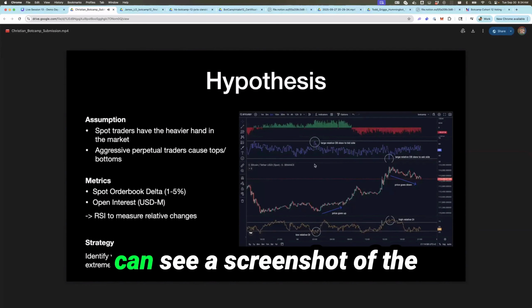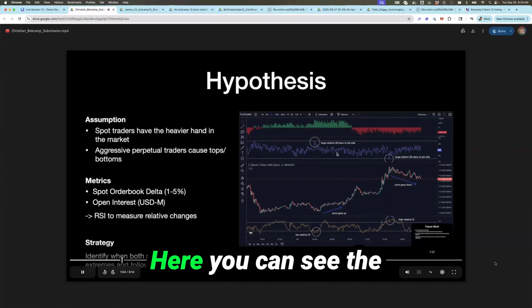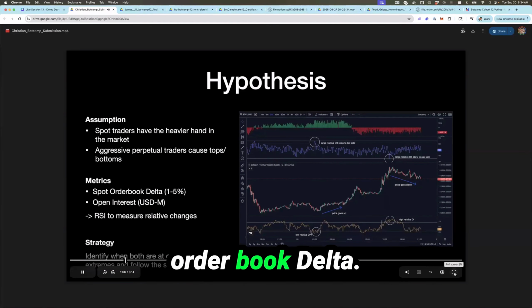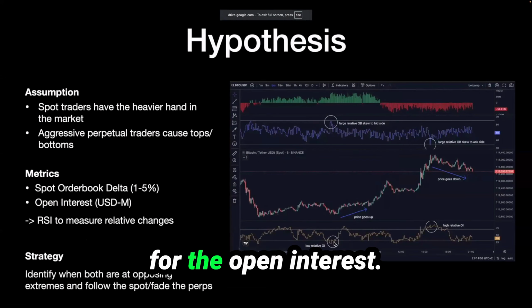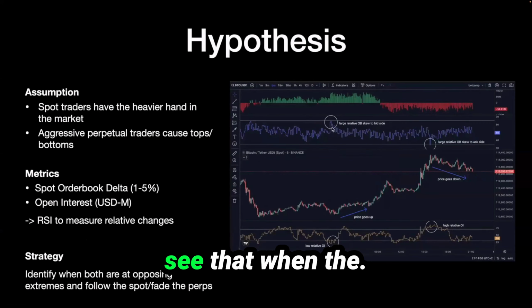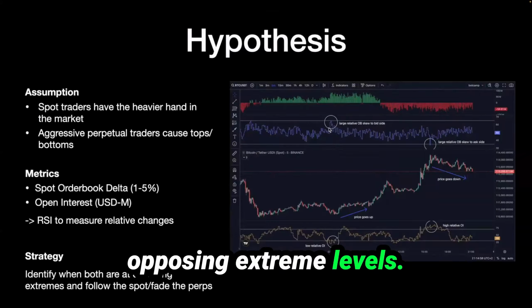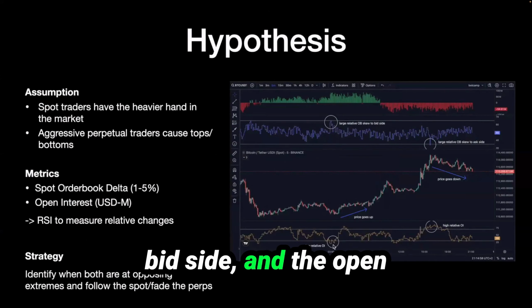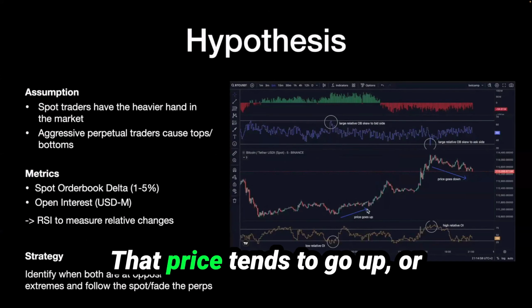On the right side, you can see a screenshot of the platform I use, Trader.io. Here you can see the RSI value for the spot order book delta. On the lower side is the RSI value for the open interest. You can often see that when these two RSIs are at opposing extreme levels, so the order book is heavily skewed to the bid side and the open interest is relatively low, price tends to go up.